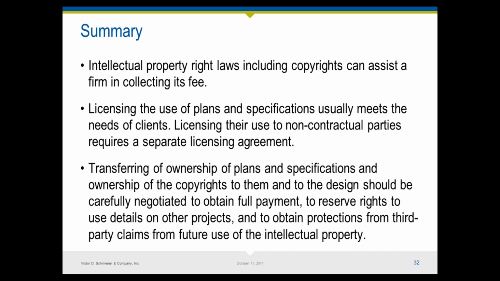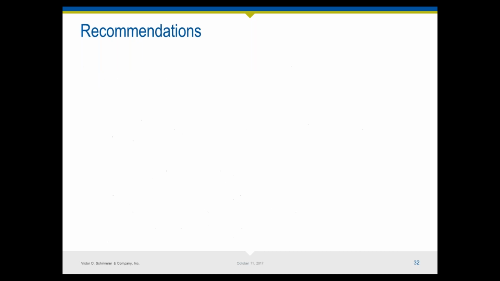You don't want that transfer to take place until you're made whole. You can reserve the right to reuse details from the project, and you want to obtain protection from third-party claims from the future use or misuse of your intellectual property. So keep that in mind. Again, that's in all the information we publish on our website.